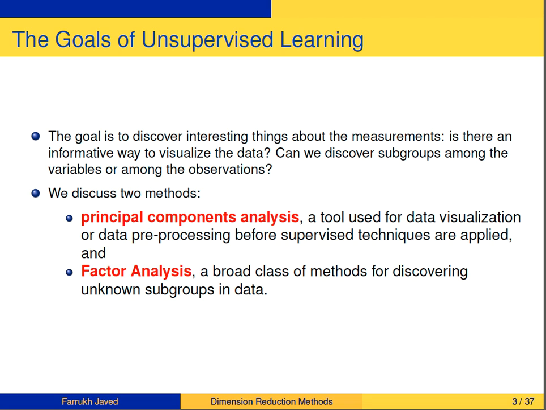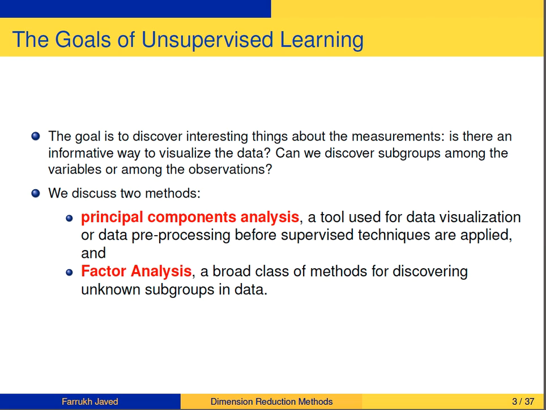What you do is run a principal component analysis, and once you are done, you use that principal component result to do your regression, which is a supervised technique. If you do so, your final result will not be affected by multicollinearity, because you removed multicollinearity through principal component analysis.